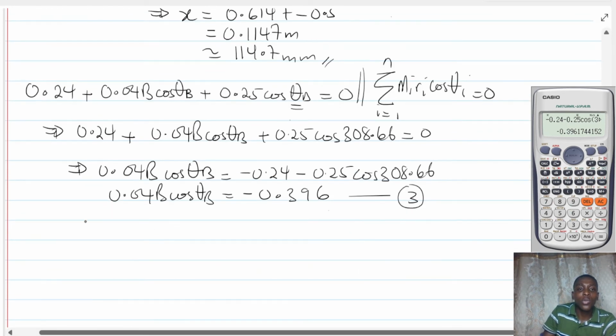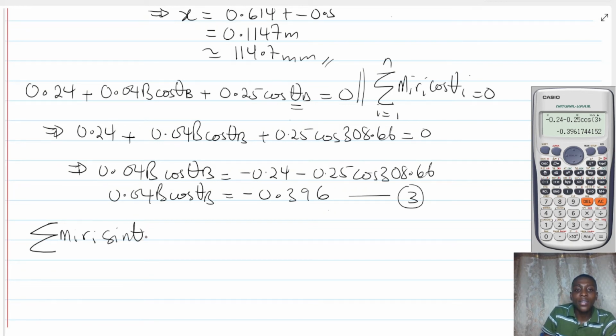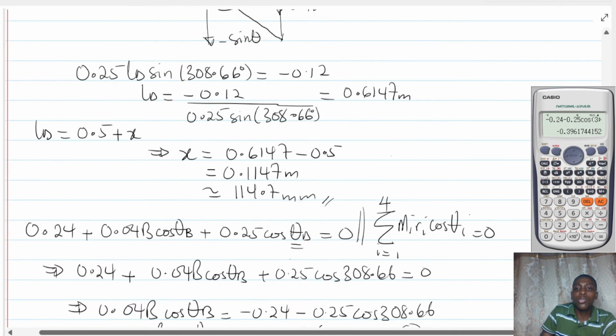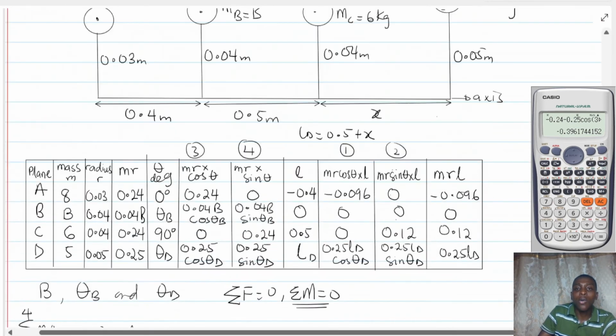Now I want to do the summation of mi ri sine theta i, which should be equal to 0, from i equals 1 to the fourth mass. So I want to look at this column and sum everything here. I have 0.04b sine theta b, and then 0.25 sine theta d, and then 0.24. So let's add them.